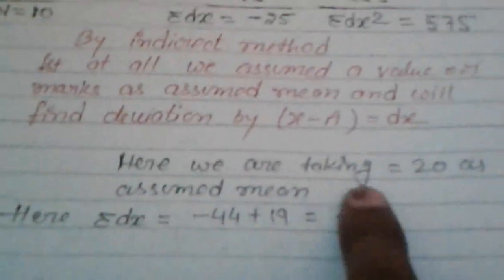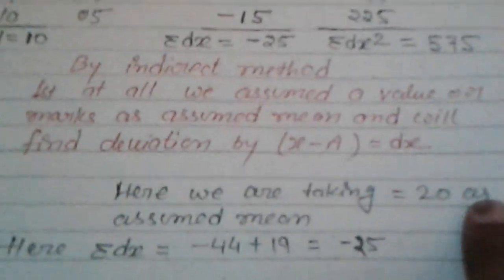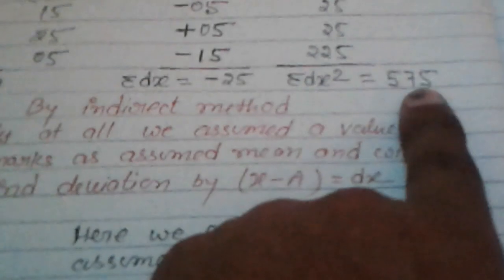Now we add it and find sigma dx equal to minus 25 and sigma dx squared equal to 575.